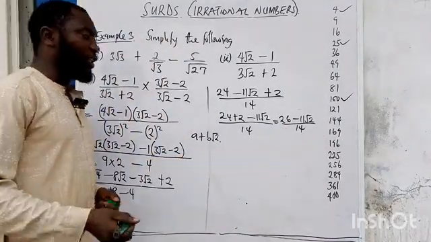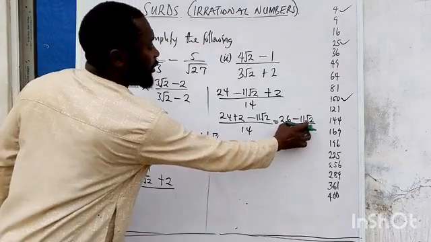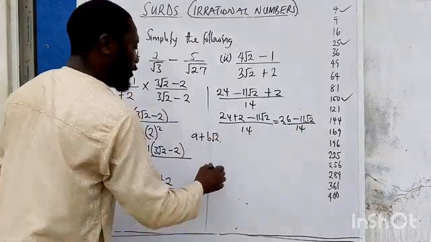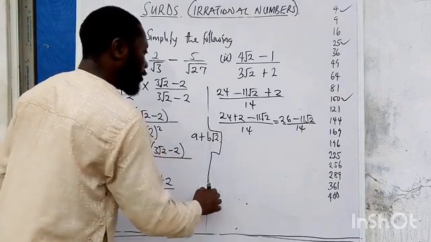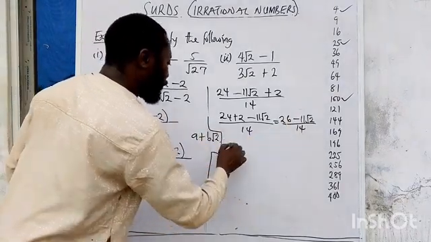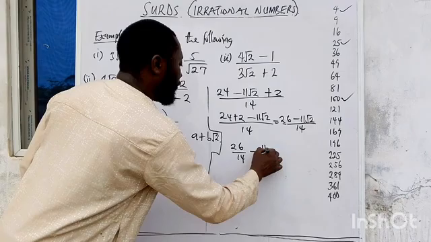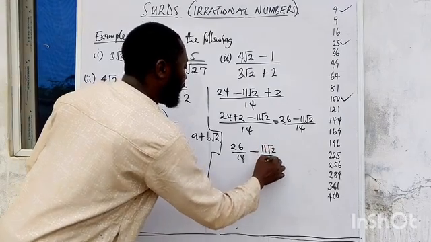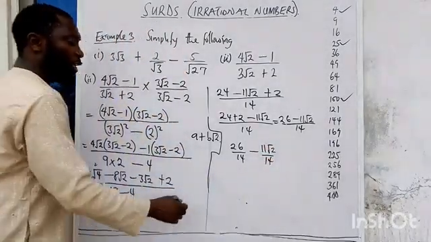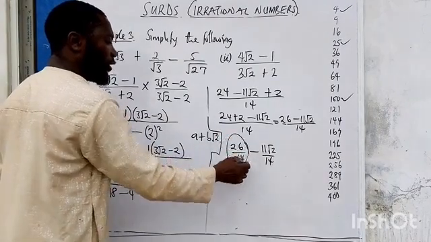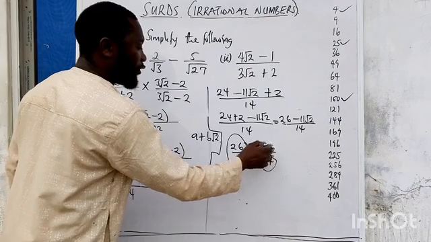What should come to your mind is you have to separate this with the denominator here. Instead of writing 26 minus 11 root 2 over 14, you can just say 26 divided by 14 minus 11 root 2 divided by 14. You separate it. So now this will represent your a. The coefficient here will represent your b.